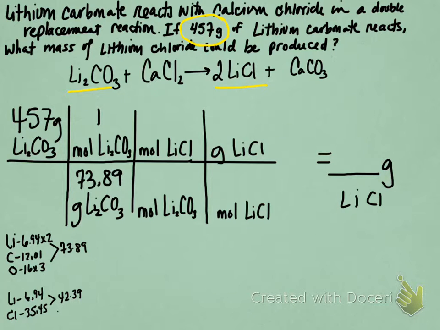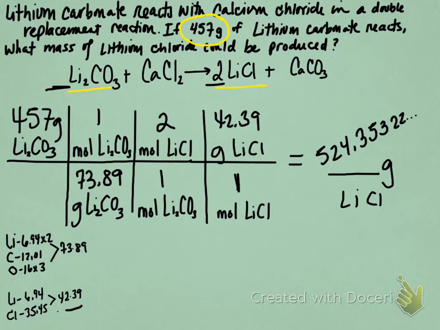And I can go up to my balanced chemical equation to find my mole ratio. I see that for every 1 mole of lithium carbonate that reacts, I'll be able to produce 2 moles of lithium chloride. And I also know that 1 mole of lithium chloride has a mass of 42.39 grams. All right, I'm now ready to multiply across the top, multiply across the bottom, and divide.